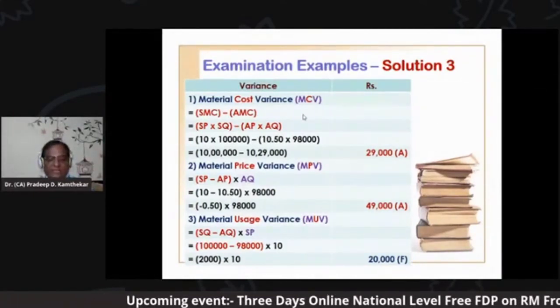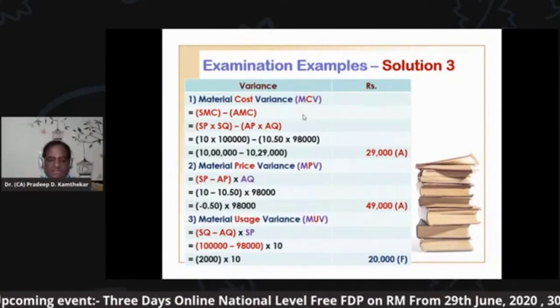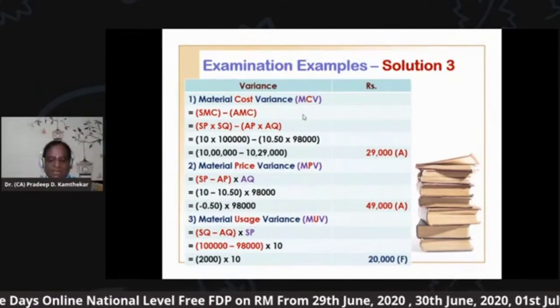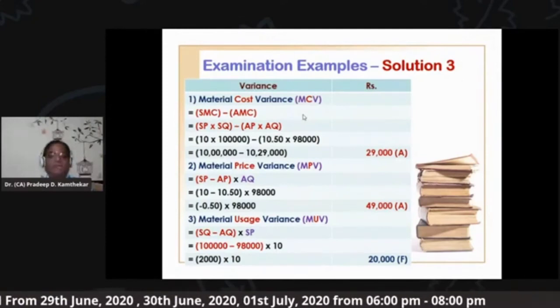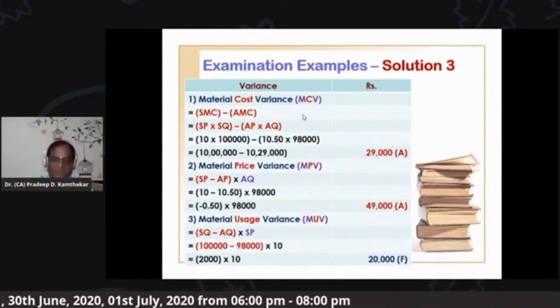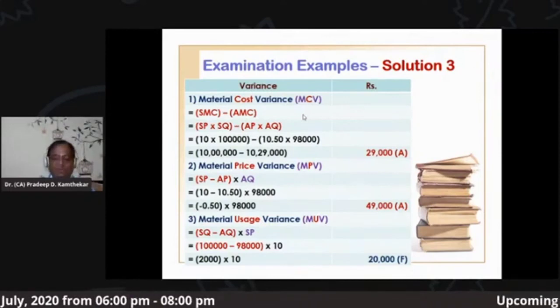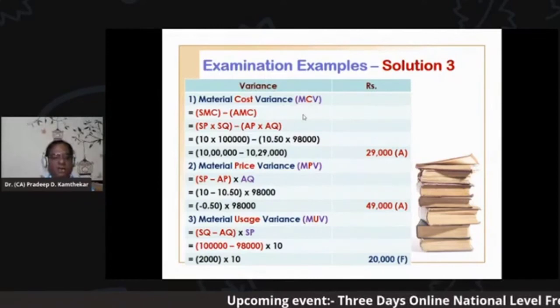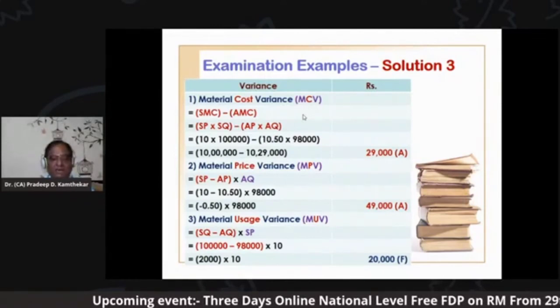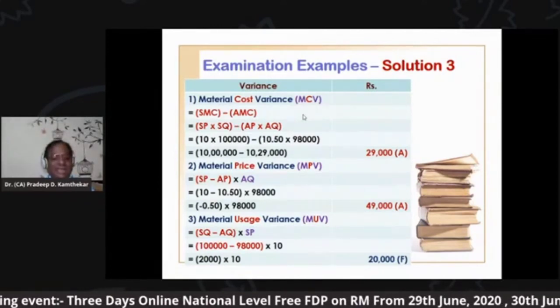And since 49,000 is the bigger figure, the adverse sign attaches to it. That is how the net difference is 29,000 adverse, and that is nothing but our material cost variance. So 49,000 adverse plus 20,000 favorable is equal to 29,000 adverse material cost variance. This is how the material variances are calculated.